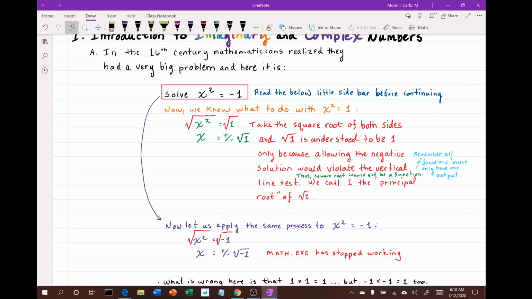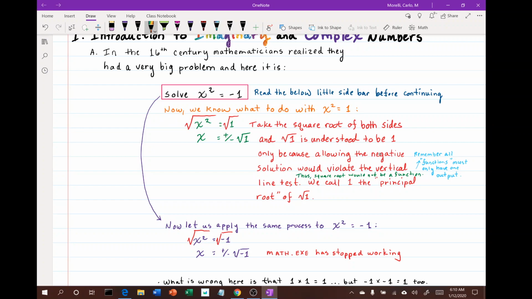So I've got a little problem here boxed in red, and that problem says solve x squared equals -1. Okay, and I say here, read the little sidebar below before continuing. So let's table that for a moment.